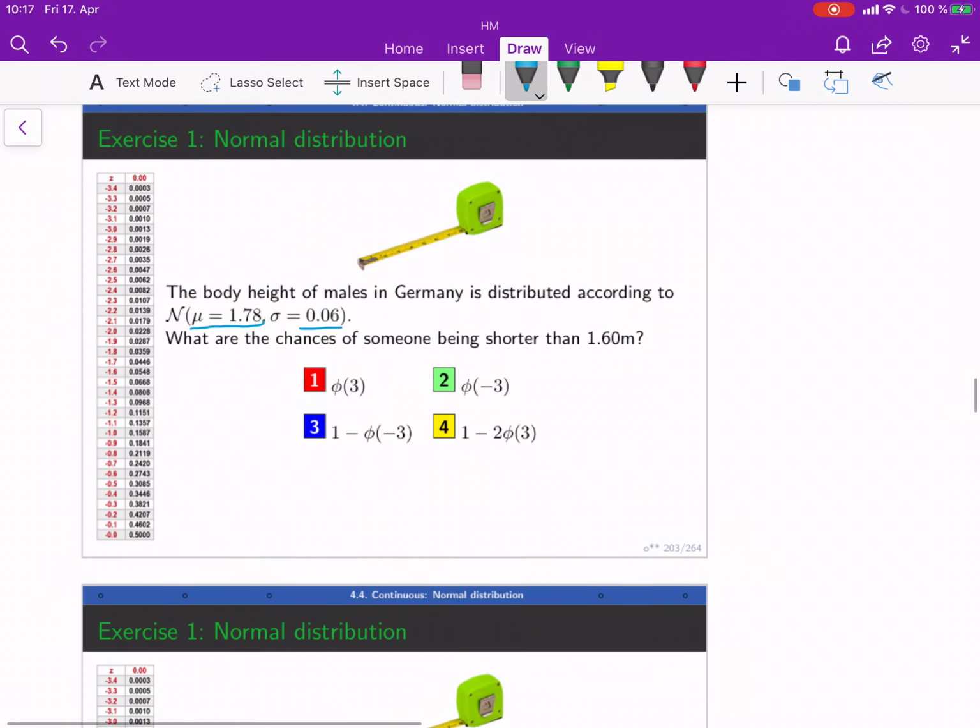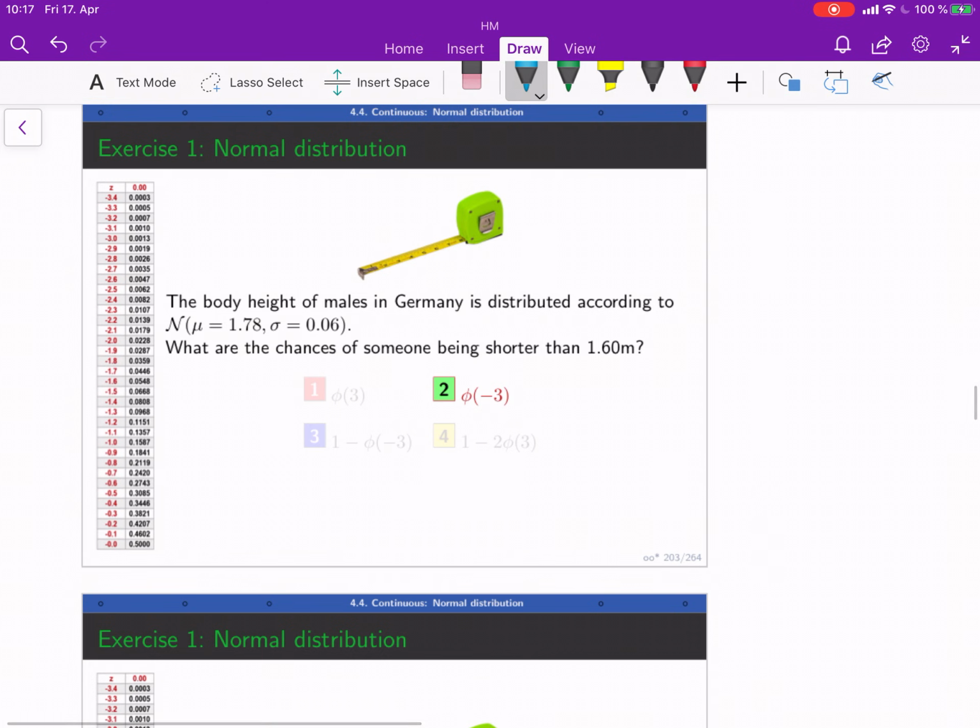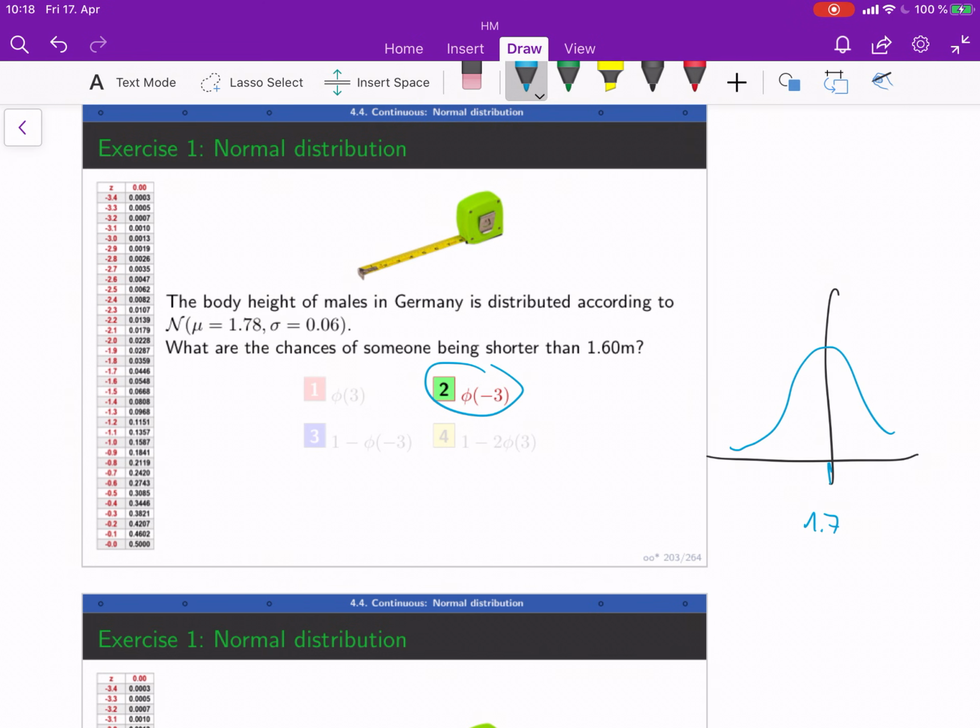Have you done it? Okay. Number 2 is right, because let's have a quick look again. This is our distribution, and our mean value is 1.78, and then we've got 0.06 meter standard deviation either side, and then we're looking at 160.